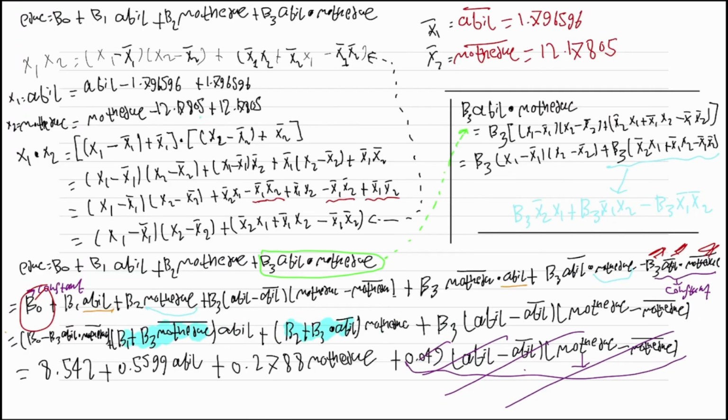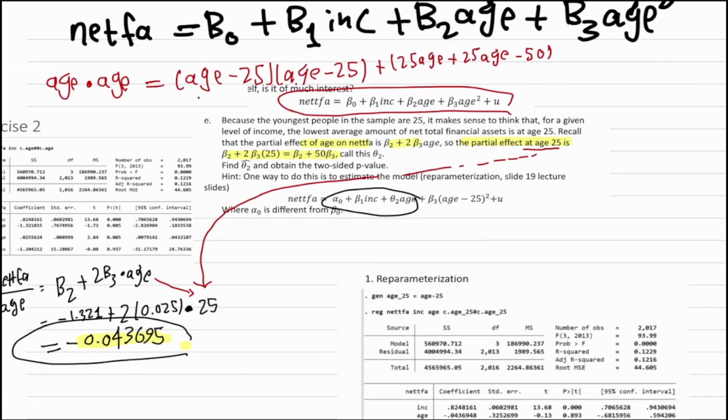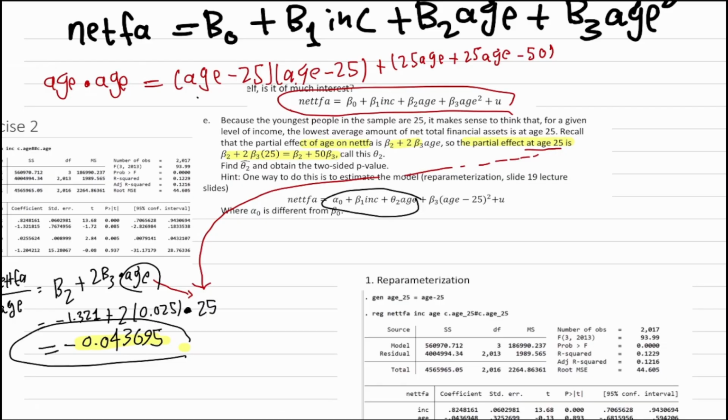Here we have done it with the averages, and you can do it for specific values like 25 here. Any value substituted in the partial derivative, we take the partial derivative here, we substitute 25, right?